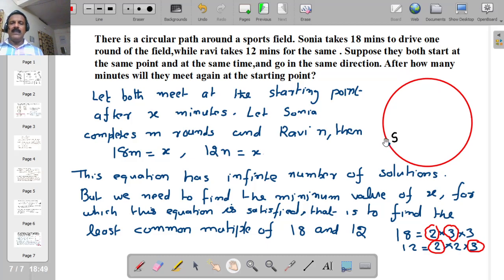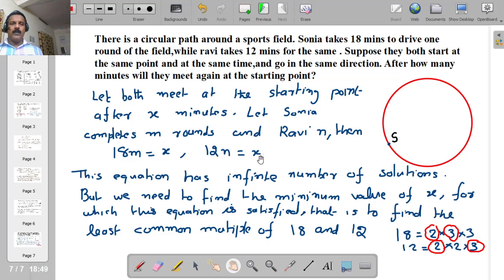So they meet each other after 12 times N minutes. That should be equal to 18 times M minutes, and both should be equal to X. That is, 18M should be equal to X and 12N should be equal to X.